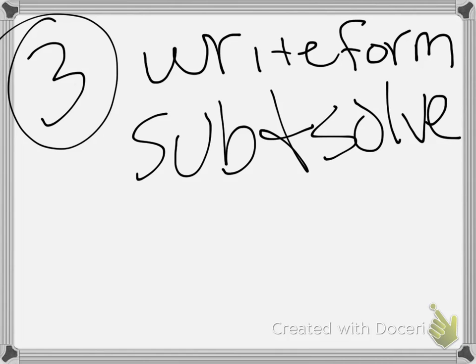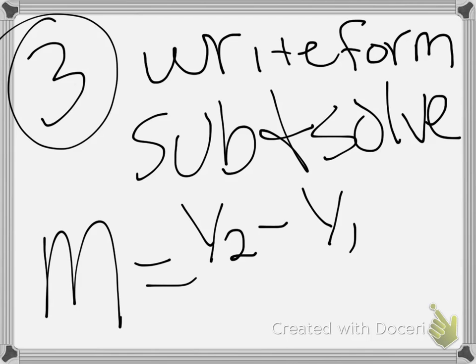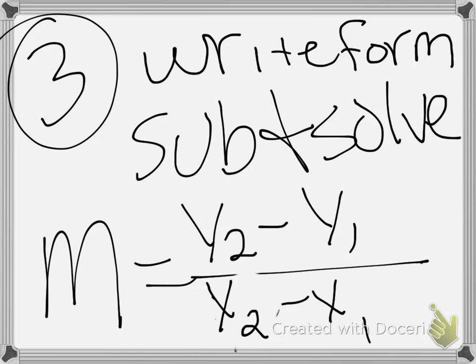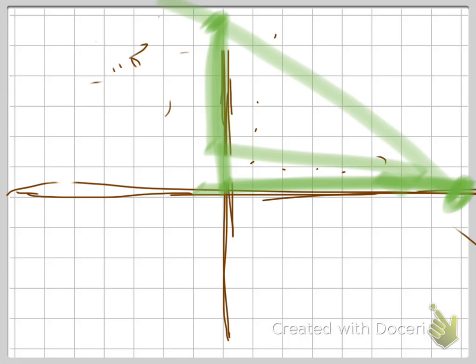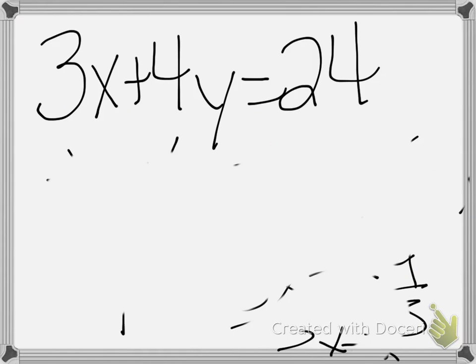Okay? And remember your formula is that m equals y2 minus y1 over x2 minus x1. Okay?